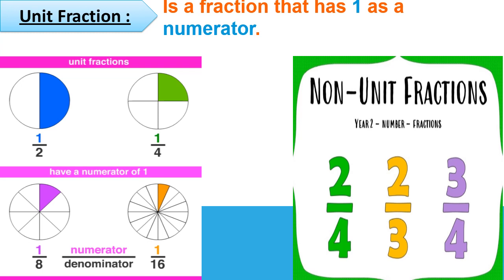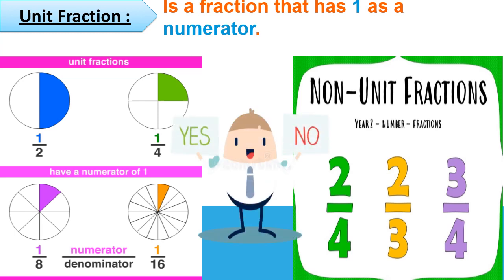Numerator here is 2. Numerator here is 3. So we don't have 1 in the numerator. So this is a non-unit fraction. So this is a unit fraction and this is not a unit fraction.